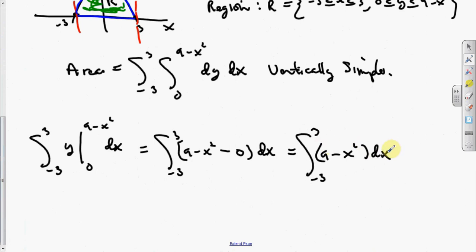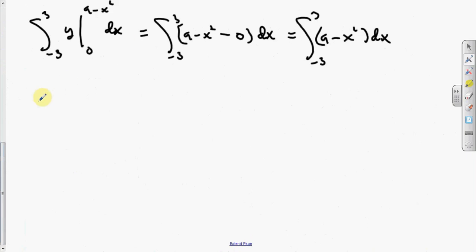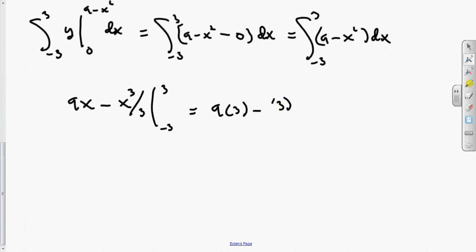So now it's just a straightforward calculus 1 problem. So we integrate with respect to x. This is 9x minus x cubed over 3. Evaluate that from -3 to 3. So I get 9 times 3 minus 3 cubed divided by 3, minus 9 times -3, minus, there's plus, the -3 to the third all over 3.